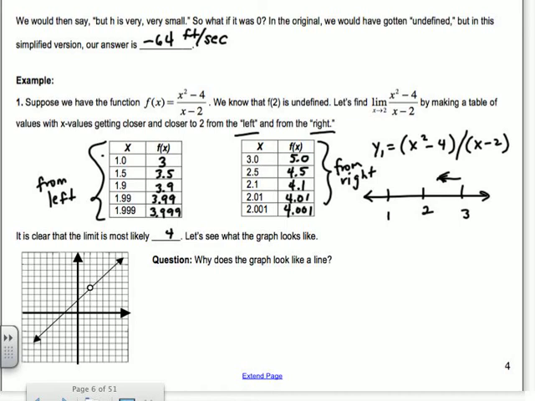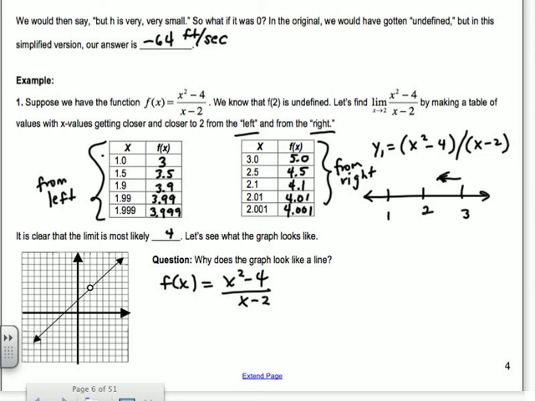Okay, now question, why does this graph look like a line? So I had f of x equals x squared minus 4 over x minus 2. Why does that look like a line? Because it is a line, is that what I heard? Yeah. When I look at it, I'm like, shouldn't there be a vertical asymptote? Why isn't there a vertical asymptote? It cancels, right.